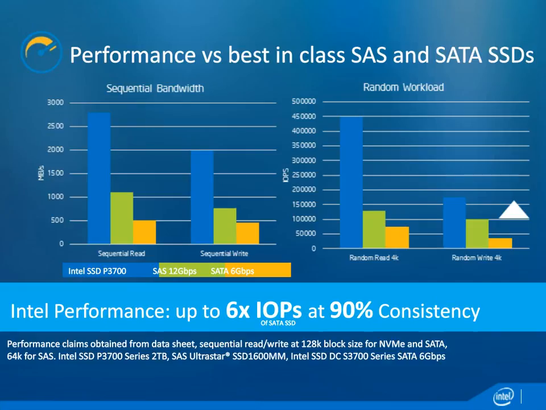So whatever we publish in terms of IOPS, whatever we publish in terms of latency, you're going to get that throughout the life of the drive, using it at whatever read-write mix that drive is designed for.